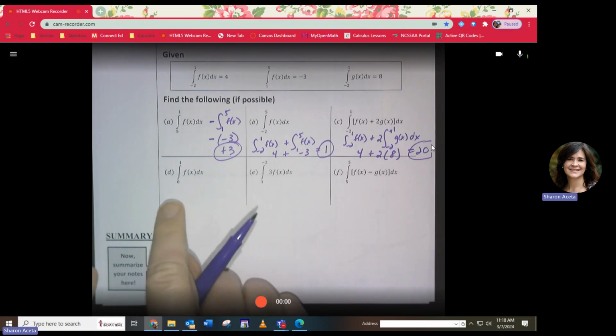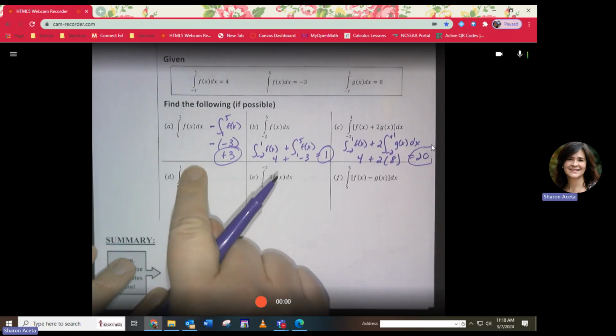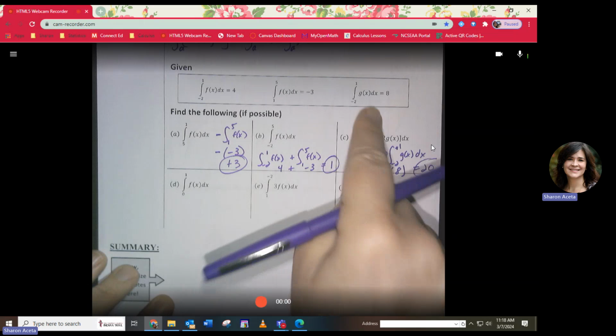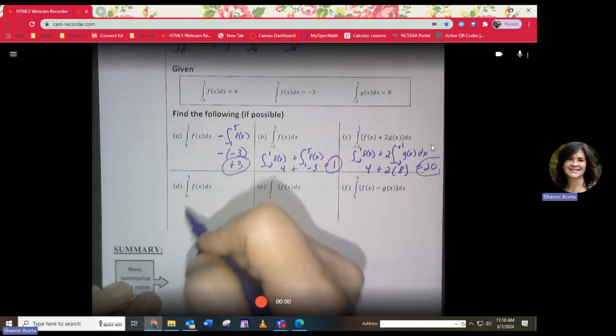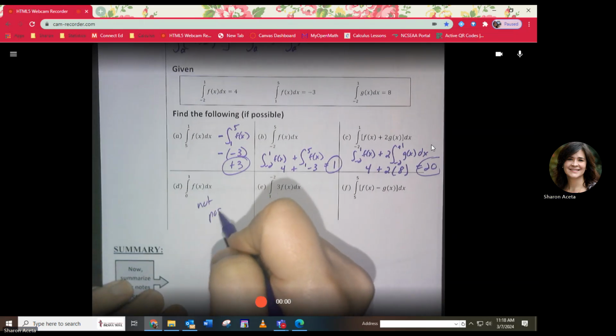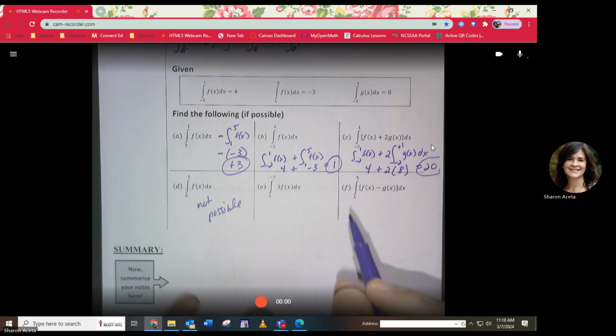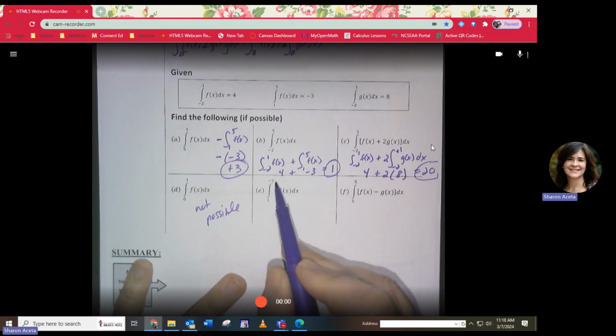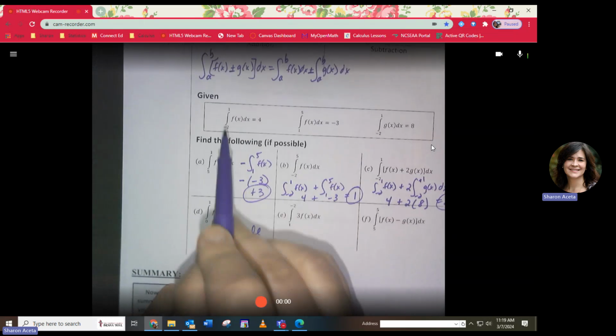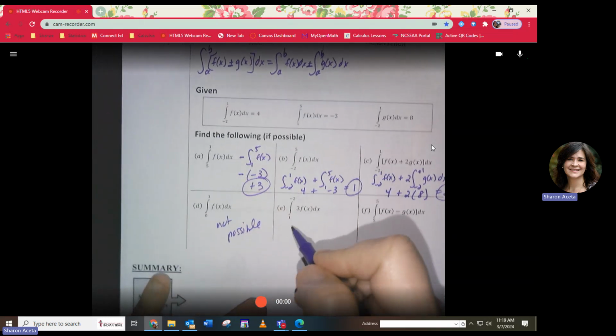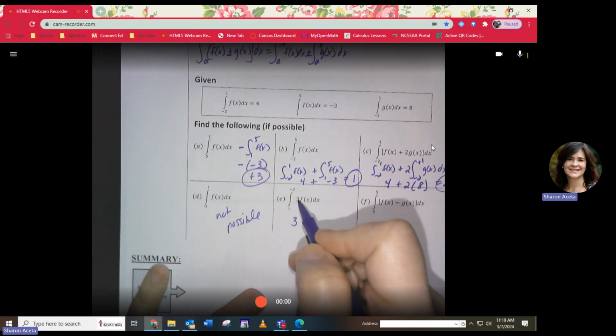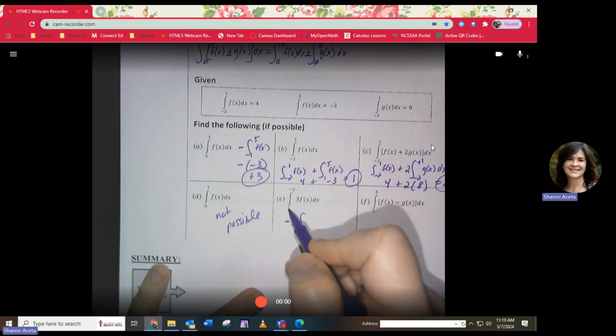Last few, the integral from 0 to 1. Well, I don't have anything about 0 here, so that's not possible. But 1 to -2 of the f of x. Well, again, I've got the flip of that, so I'm going to take a -3 out so I can flip those.